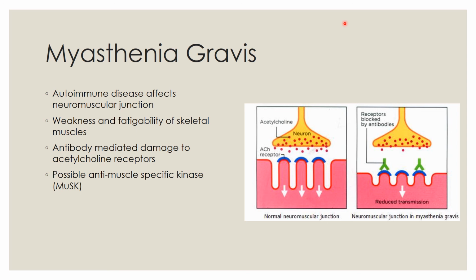The early signs of this, usually the first muscles that they see are in the face. So you start to see things like drooping eyelids, and the corners of the mouth droop. So you're unable to retract the corners of your mouth. And this will affect your ability to speak, to chew, to swallow, unfortunately.